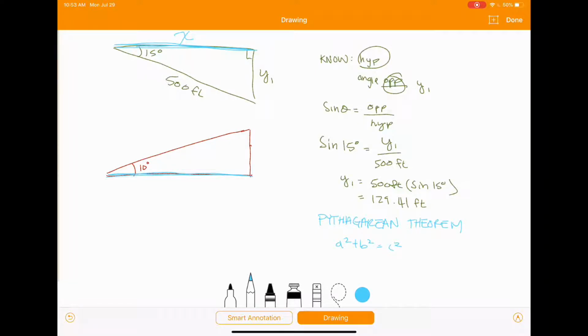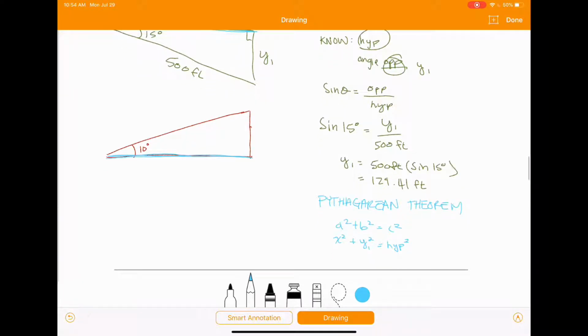So the way we have it written, these are just the different sides of your triangle. So we can rewrite this as x squared plus y1 squared equals hypotenuse squared.